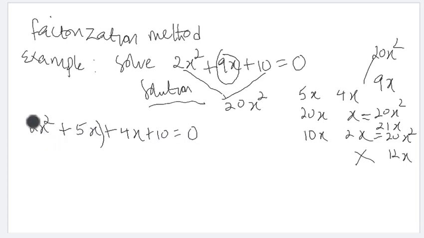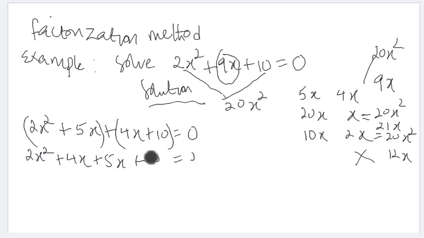And we can enclose this in brackets for ease of solution. Now what's common here? It's only x. Or if you wish, you can rearrange it in this form: plus 4x plus 5x plus 10. You can also leave it this way and solve it.